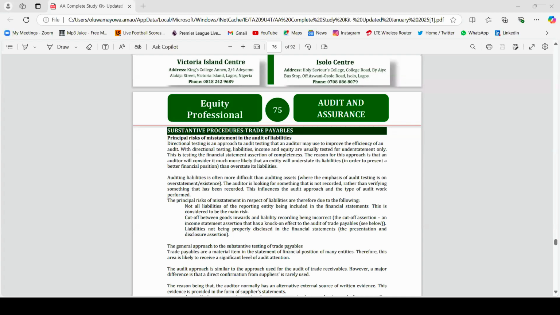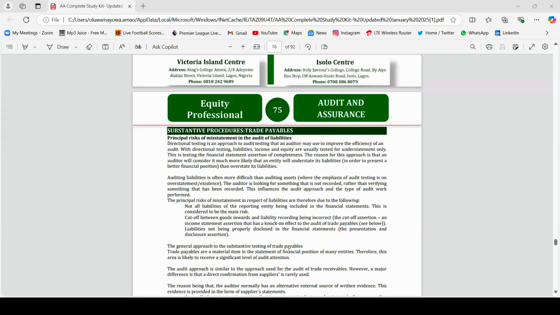The testing direction for the auditor is to look for understatement, to be sure that there is completeness, that everything the entity is owing has been stated. So the focus of the substantive procedure in liabilities is testing for understatement. Now, when we come to trade payables, based on that understanding that the client might not want to declare all they owe.